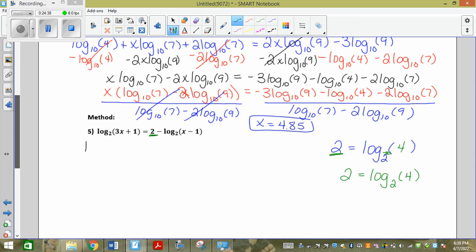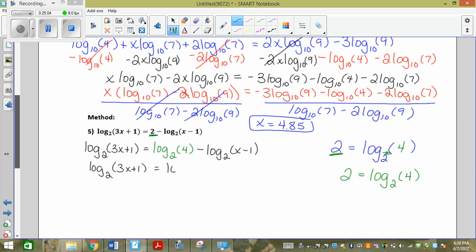So I'm going to go log base 2 of 3x plus 1 equals, and instead of this 2, I'm going to have log base 2 of 4, because that means the same thing, and it's base 2, minus log base 2 of x minus 1. Now I can put them together if they have plus or minus 1s in front, which they do. So this side I'm going to leave as log base 2 of 3x plus 1.